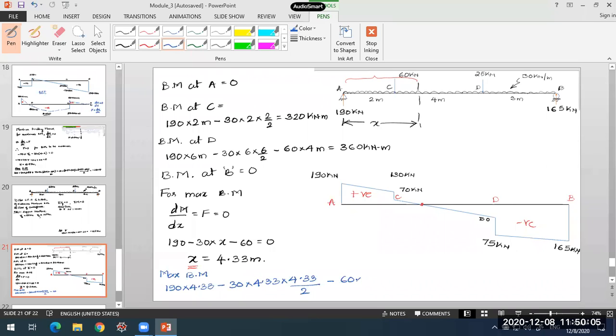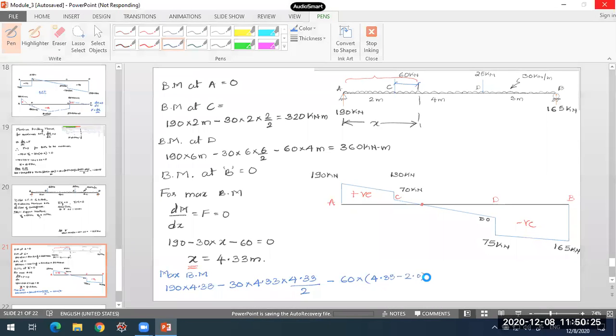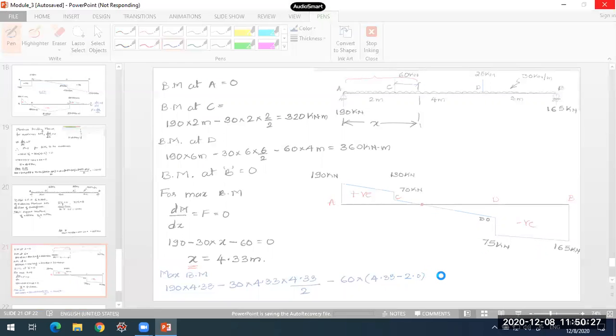Into what is the distance here now? This distance between our section and the 60 kilonewton load is x minus 2, that is 4.33 minus 2 meters. This will give me the value of the maximum bending moment.